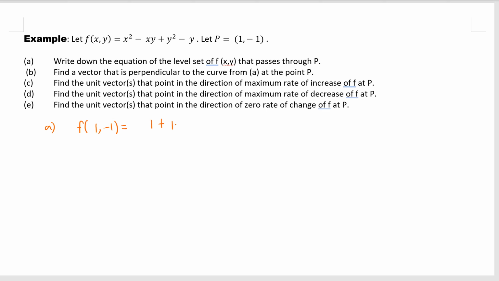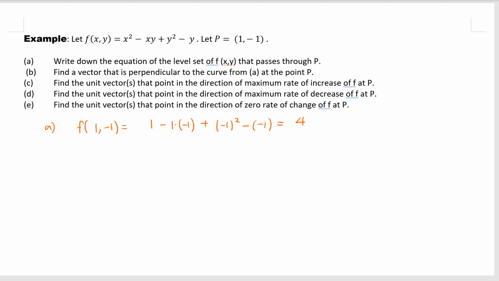Let me do it slowly. Plus (-1) squared minus negative 1. So that's 1 plus 1 plus 1 plus 1, which is 4.